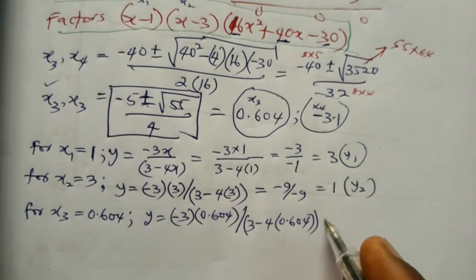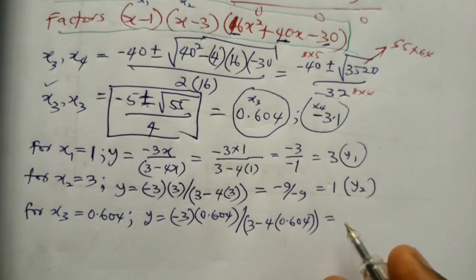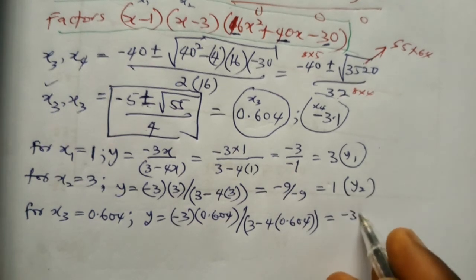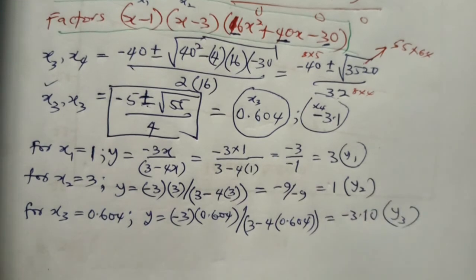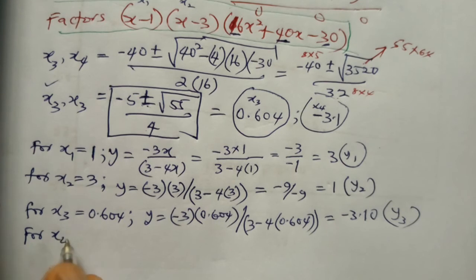And if we do that, we will get minus 3.10. That's y3. For the last one, x4 is equal to minus 3.1.